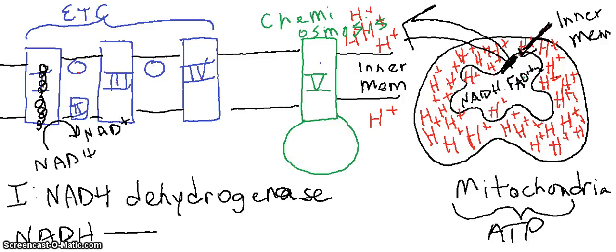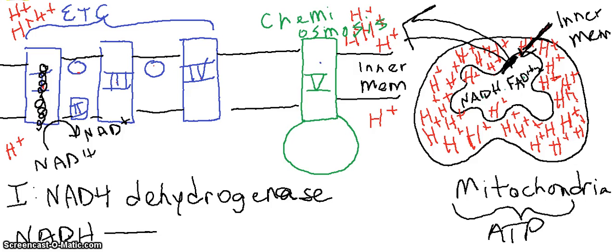Now let's think about what this means. We said that in this outer matrix space, we have a lot of hydrogen ions. Remember, we said it has a low pH, whereas in the inner matrix, we said that it has a very low concentration of hydrogen ions. Now what we're going to see happening in protein 1 is active transport.